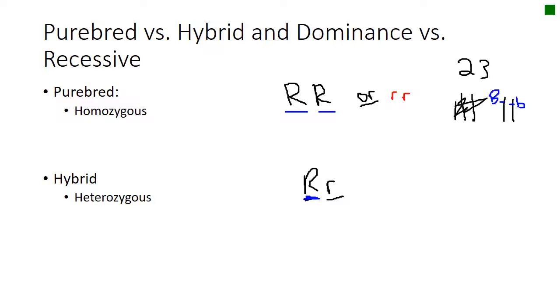That would be the wrinkled allele, small r. So now we're ready to determine, if we were to cross-pollinate this plant with this plant, or this plant with this plant, what would we get in the next generation? So that'll take us to the next slide here.